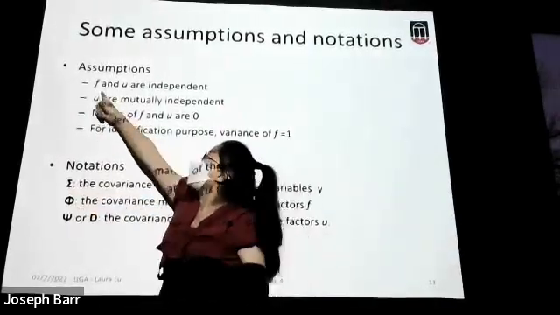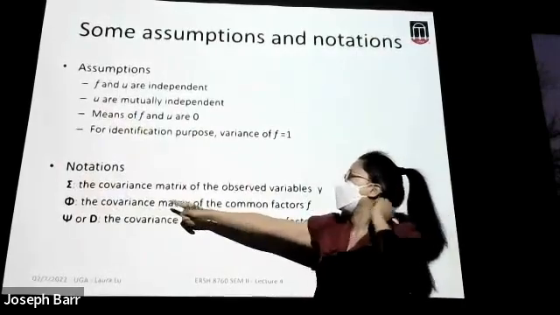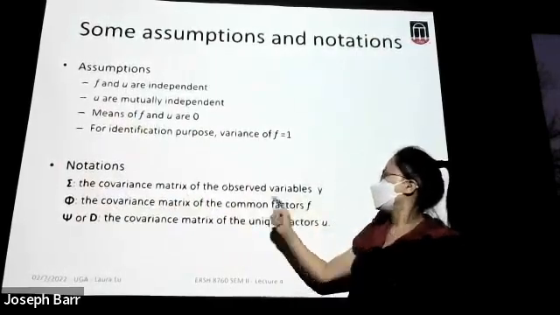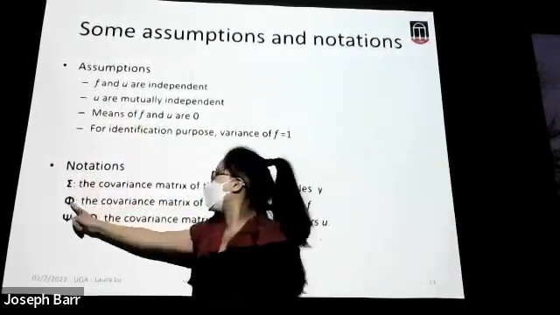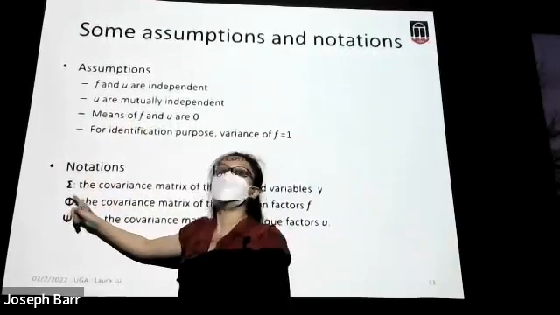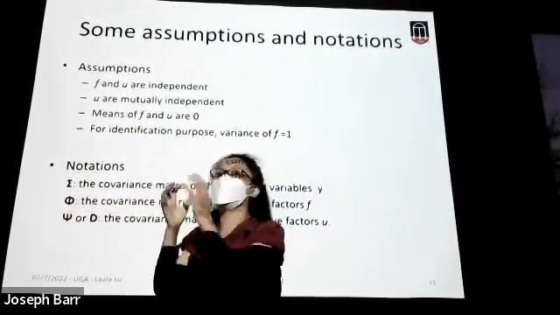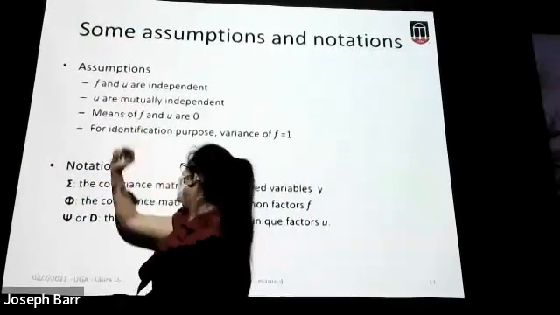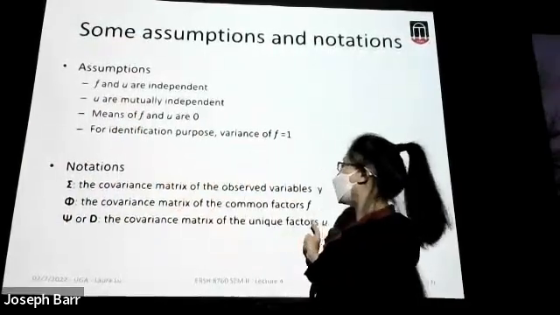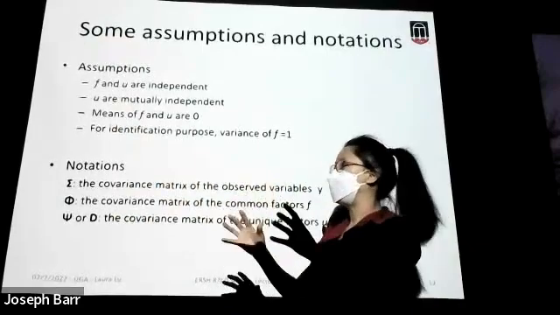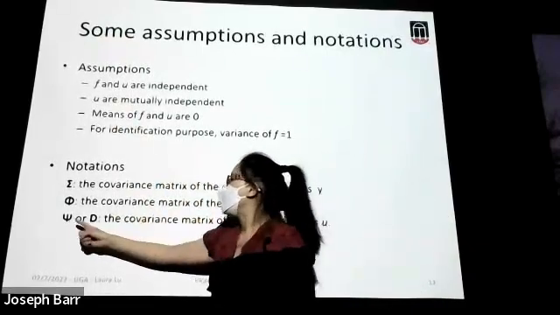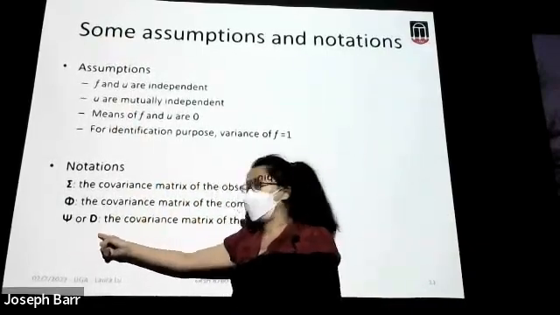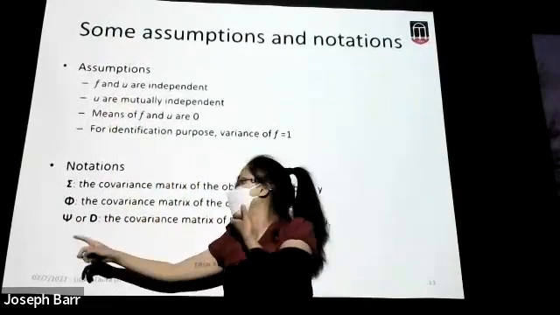But for F, we assume the covariance matrix is another matrix. We use phi to show the covariance matrix of the common factors. But we do have the U part, the residual part. We use either psi or D. In most cases, people use psi.